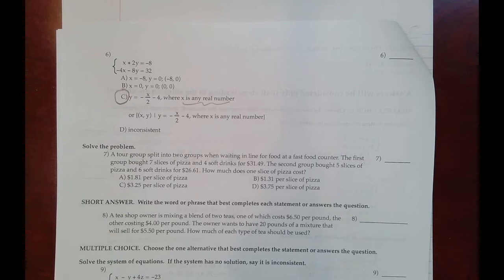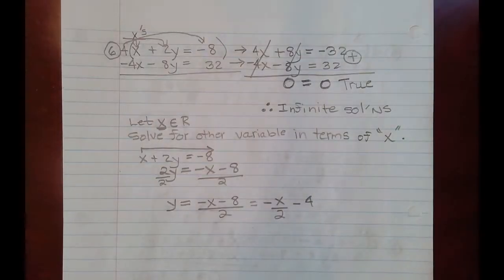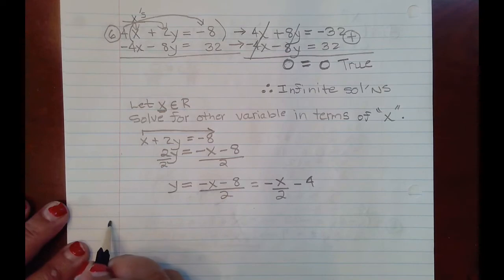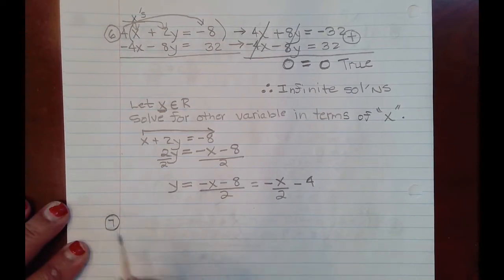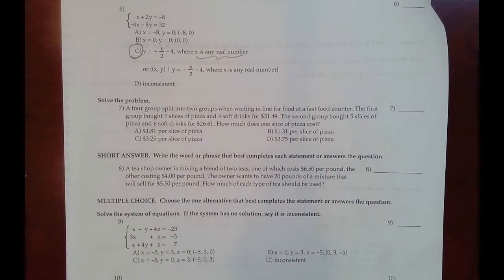Okay, moving to 7, where there's an application problem, as well as number 8, just two different application problems. Actually, 7, let's see, I think I have room here. All right, so let's read this. It says a tour group splits into two groups when waiting in line for food at a fast food counter.